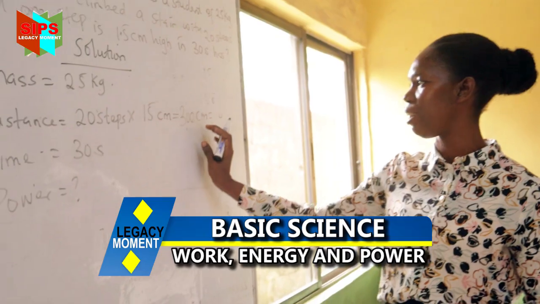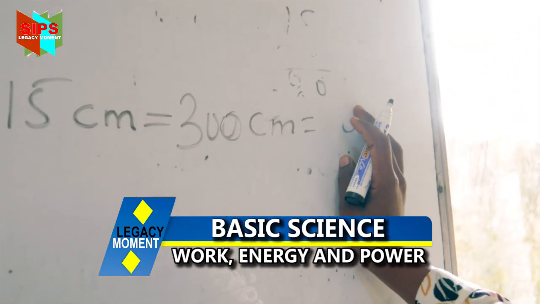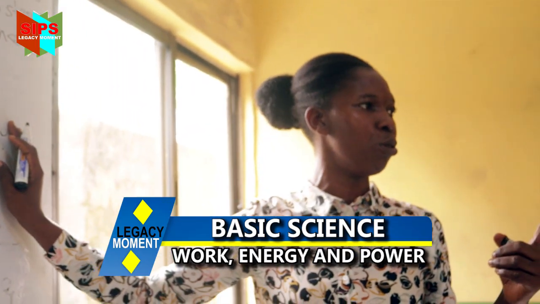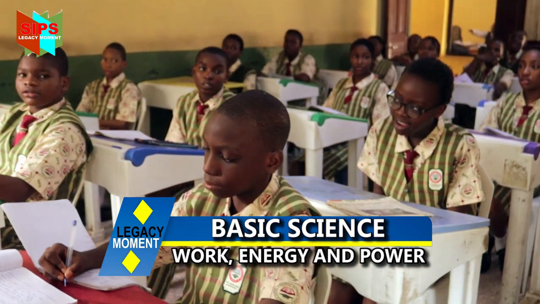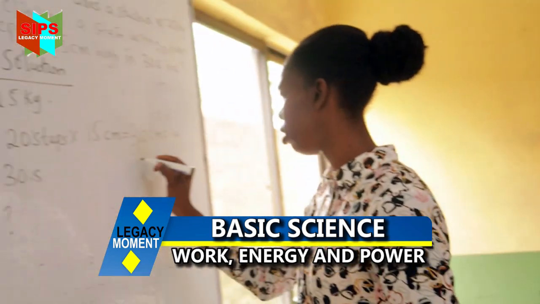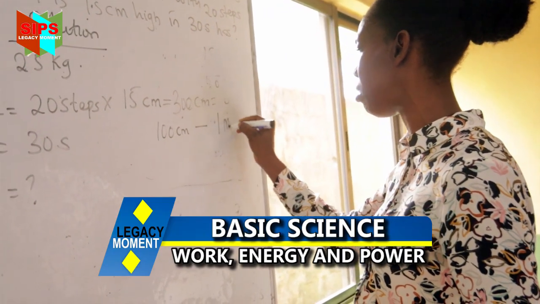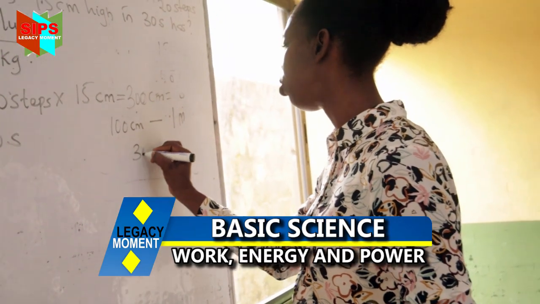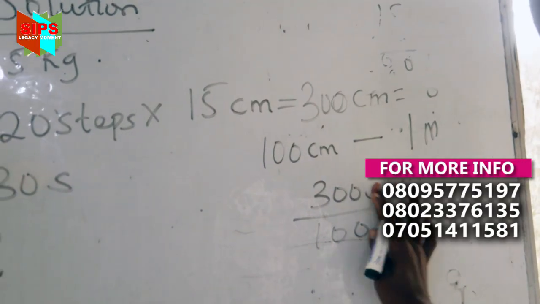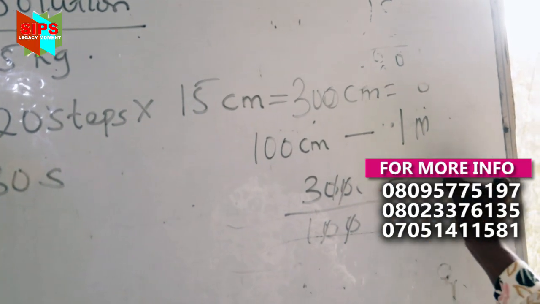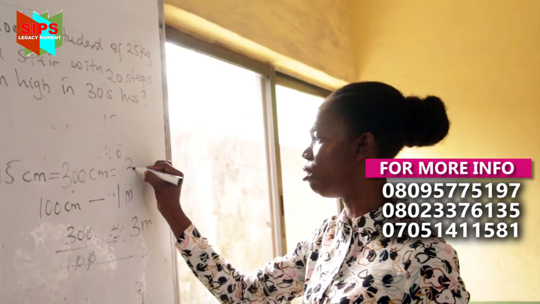So we have to convert from centimeter to meter. In converting from centimeter to meter, what do we do? We divide by what? 100. By 100. Thank you very much. So we know that 100 centimeter makes 1 meter. So it becomes 300 centimeter divided by 100. That gives us 3 meters. So the total distance covered becomes what?